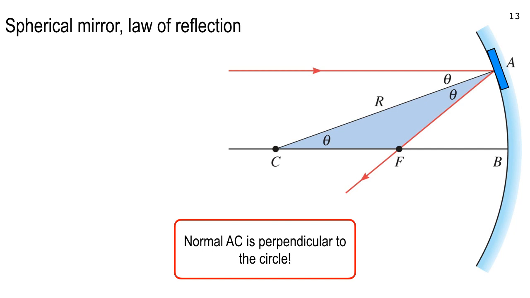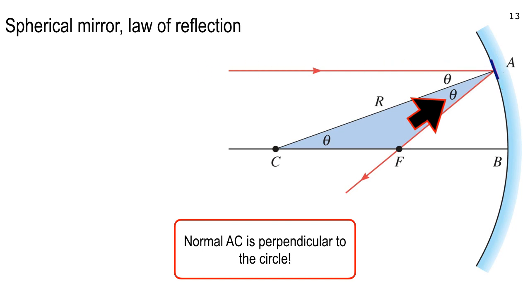Now I'm going to replace that with a green line segment, and then we have a flat mirror. We have a normal AC. We have angle of incidence theta, and then angle of reflection also equal to theta, whatever theta is. And notice that means this has to be theta. That's the whole secret of this construction here.